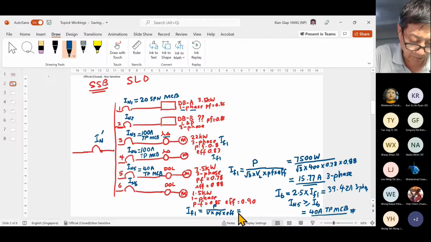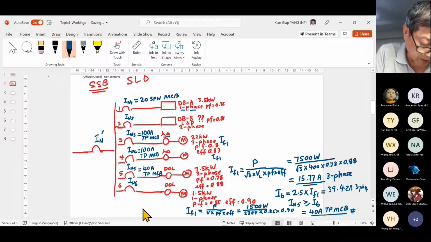Okay, so I put in the numbers. 1500 watt divided by 230. Why? Because single phase. Power factor 0.85, and then efficiency 0.9. So what is my value for IFL? 8.53 ampere.